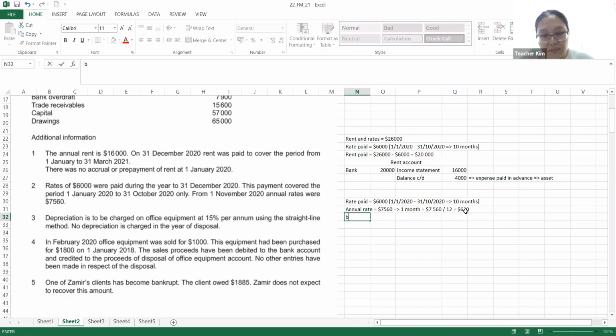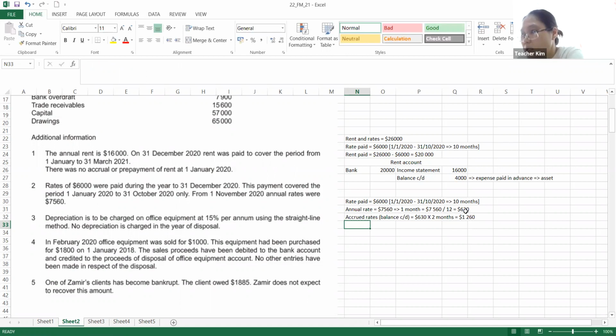So the accrued rate, which is your balance carried down, is 630 times 2 months, which is 1,260.